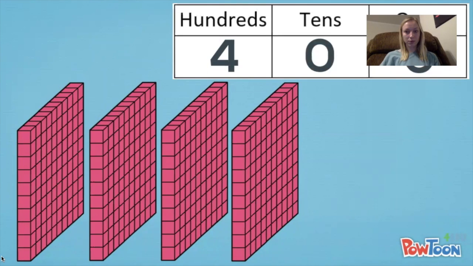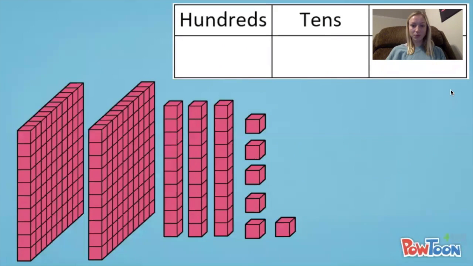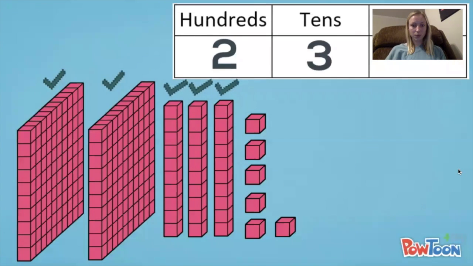What number does this model show? 400. What number does this model show? How many hundreds are there? 2. How many tens are there? 3. How many ones are there? 6. What number does this model show? 236.